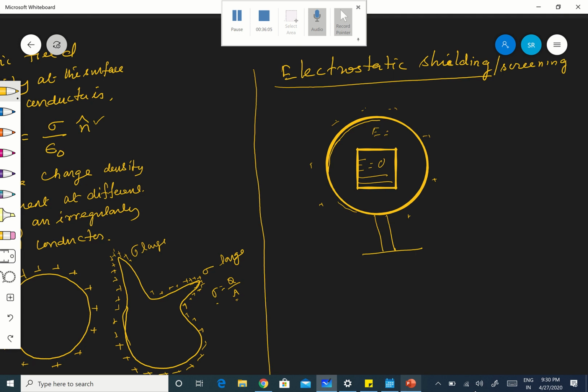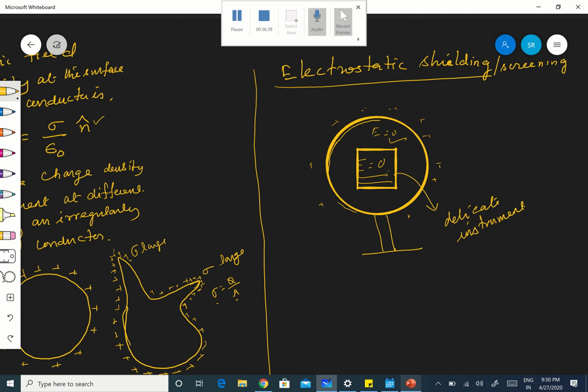Because E is equal to 0 inside. So I can keep the delicate instrument inside the hollow conductor and it is very safe. Even if there is an electric field outside, inside E is equal to 0, so the instrument is fully safe.